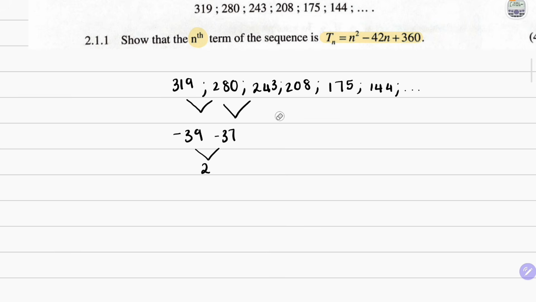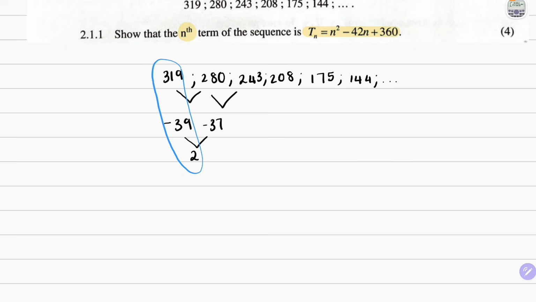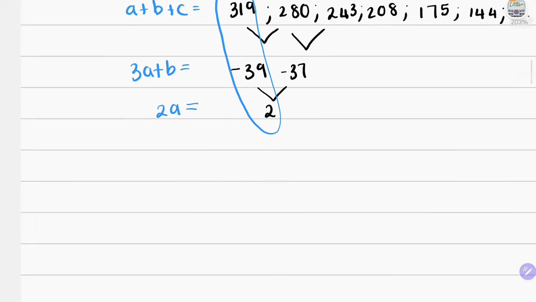And here's the reason we don't really need the rest: we just need the first term of the quadratic pattern, the first difference, and the second constant difference. This one is constant, so it will keep being 2. So at this point, you're going to equate these with the following. 2a is equal to the second difference, 3a plus b is equal to the first difference, and then a plus b plus c is equal to 319.